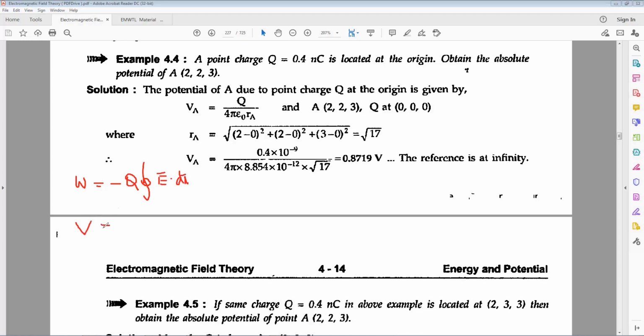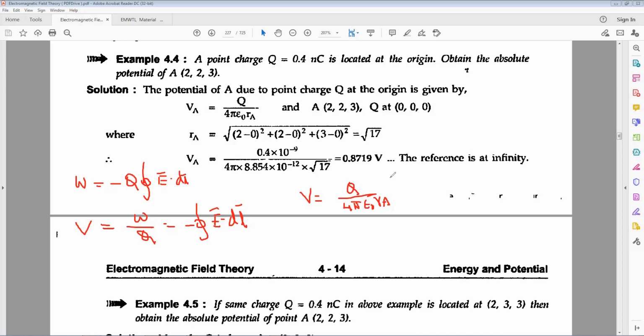The potential V is equal to work done per unit charge, that is equal to minus integral E bar dot dl bar, which is the formula for the potential. And for the point charge, the potential V is equal to Q by 4 pi epsilon naught R, or it is RA. So actually it is R only.